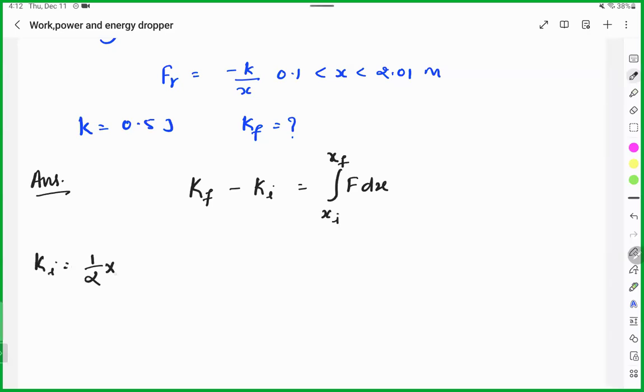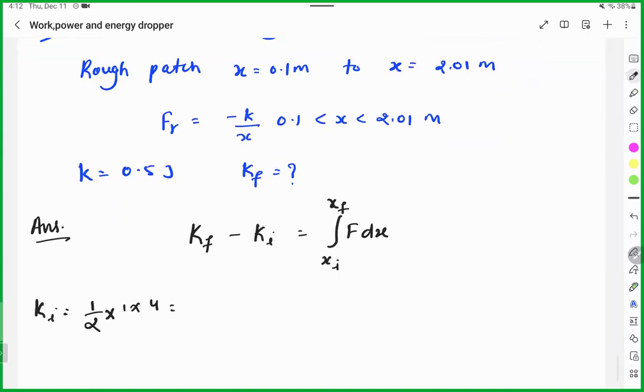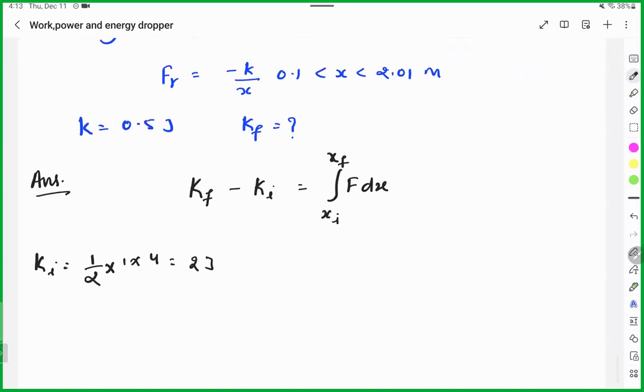Half, what is the mass? 1 kg. What was the speed? 2. 2 square 4. So initial kinetic energy will be 2 joule. Correct? So final kinetic energy is equal to K, I will take the 2 to the other side. Right? Any doubt?